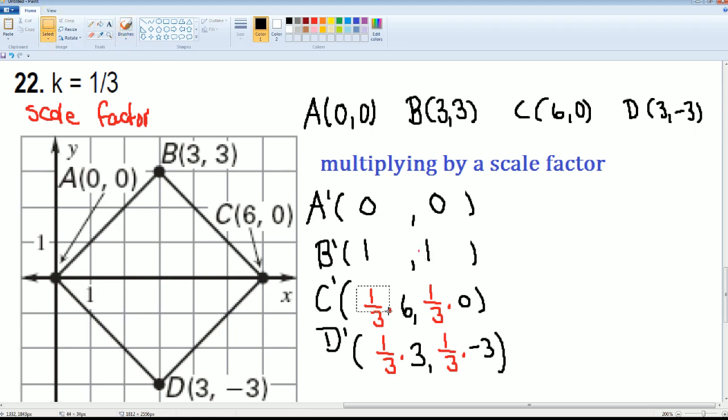What is 1/3 times 6? That becomes 2. What is 1/3 times 0? That will become 0. What is 1/3 times 3? That's going to be 1. What is 1/3 times -3? That is going to be -1.